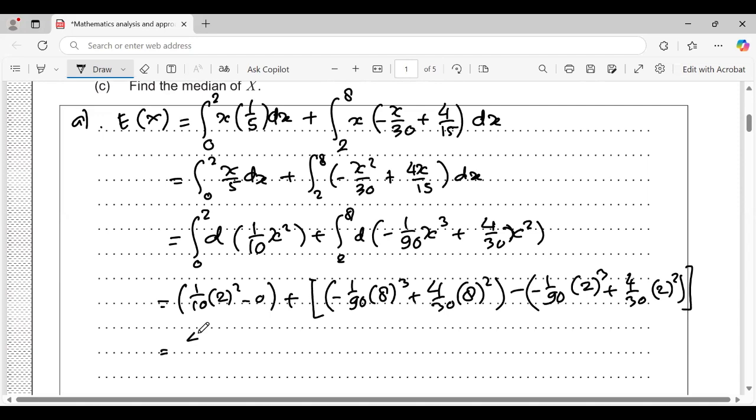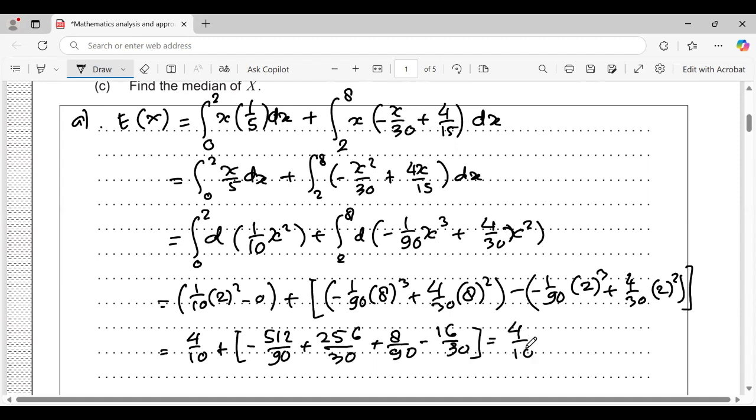It becomes 4 over 10 plus minus 512 over 90 plus 256 over 30 plus 8 over 90 minus 16 over 30.